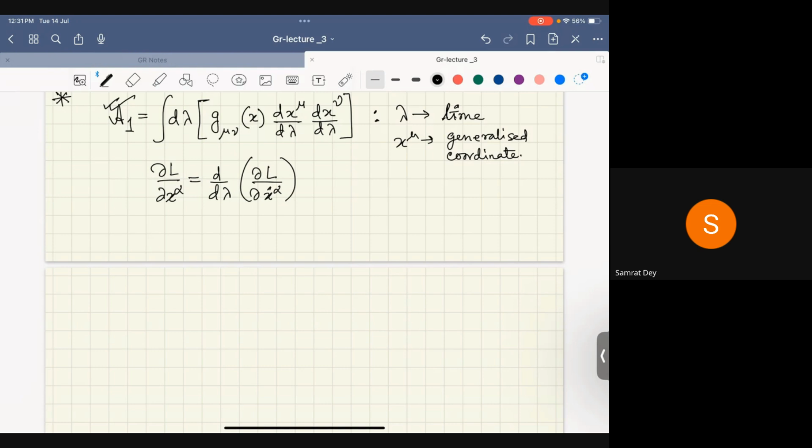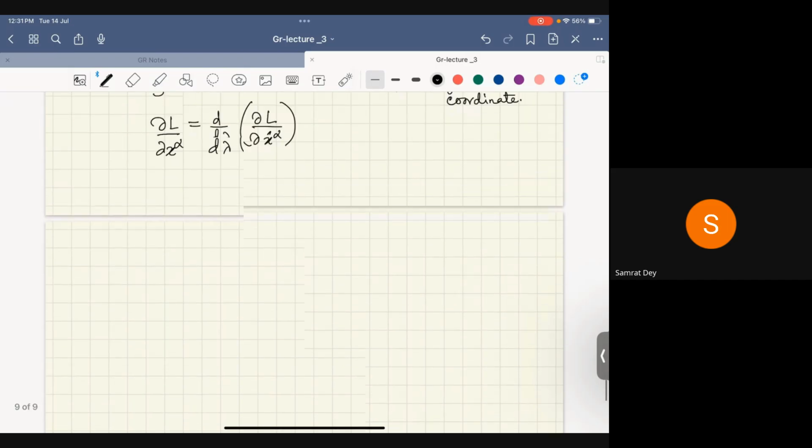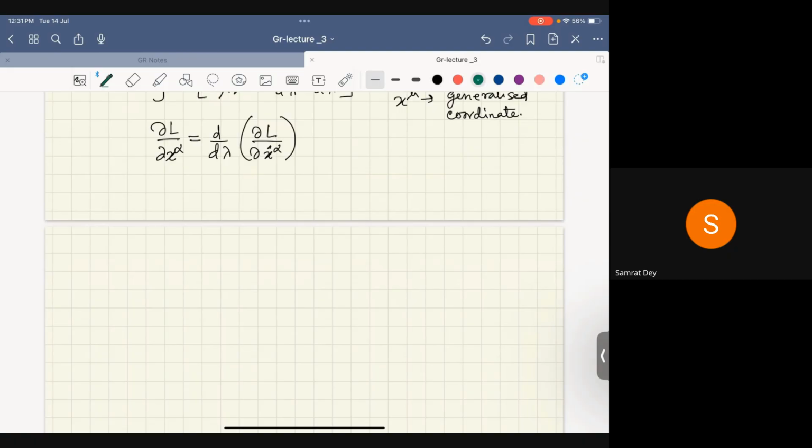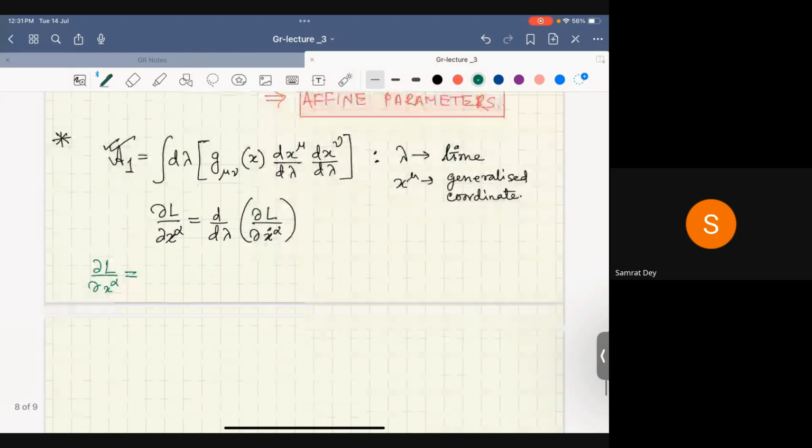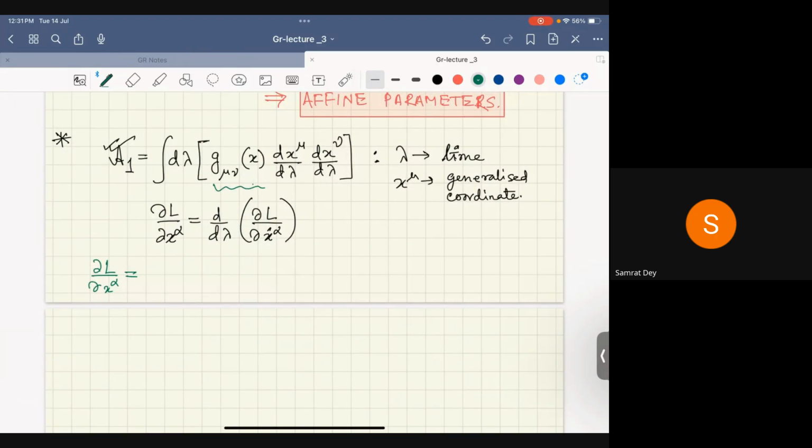So this is the Euler-Lagrange equation. Now, if you actually look at what is del L del x alpha, you will immediately find that, because your L is this object, it is nothing but del g mu nu del x alpha dx mu d lambda dx nu d lambda.